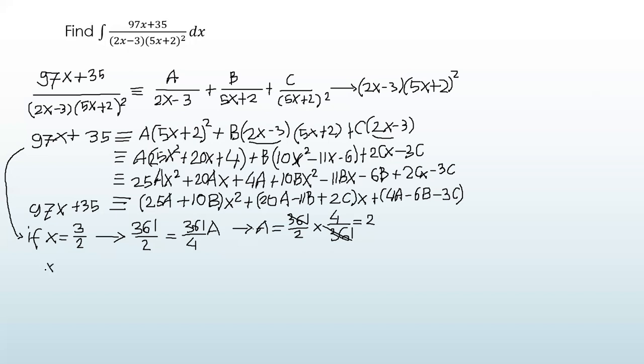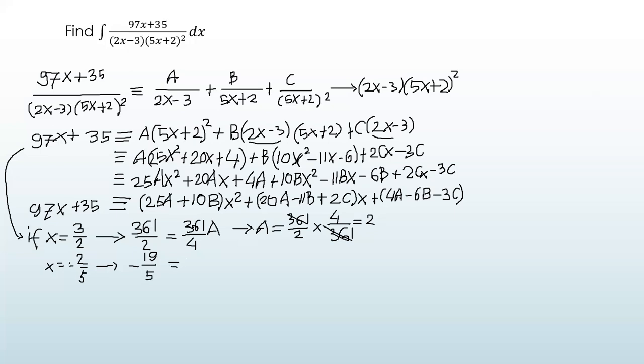If x equals minus 2 fifths, this first equation, I already calculated, it's going to be negative 19 fifths, because 97 times negative 2 fifths plus 35 gives negative 19 over 5.